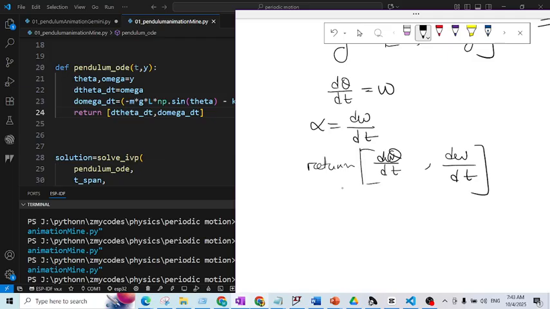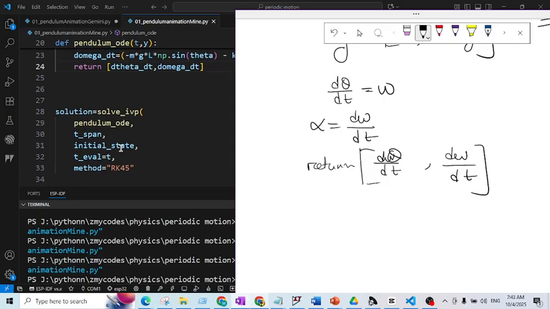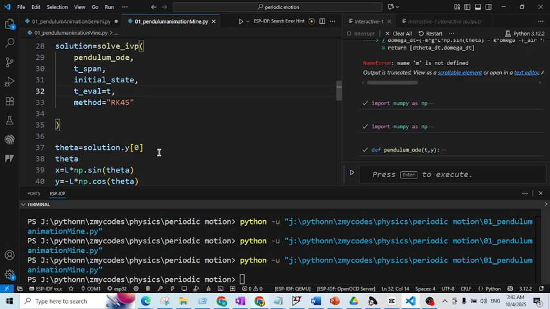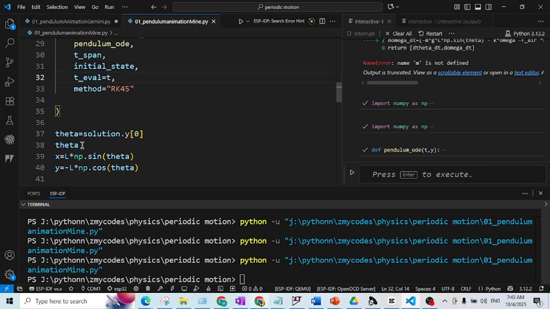After taking these two things, the solution variable will find the solution at these times. Okay, so let me see what theta is.